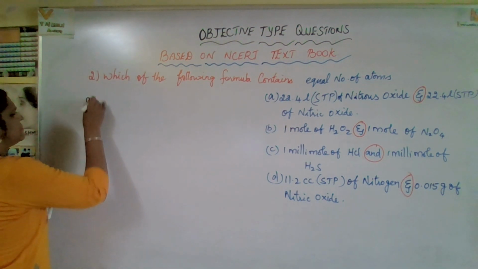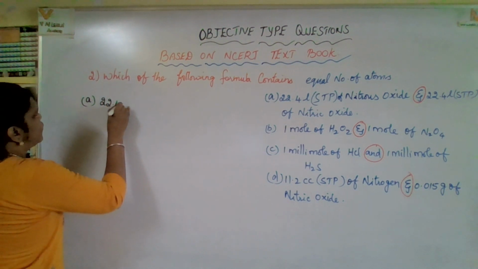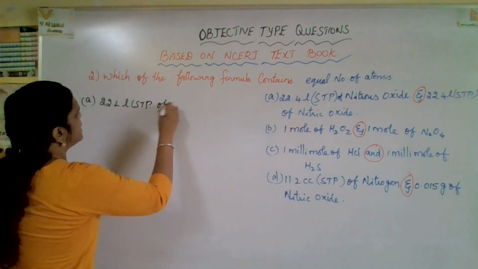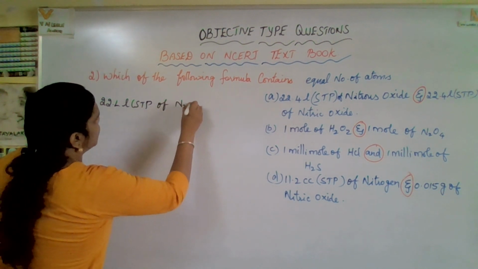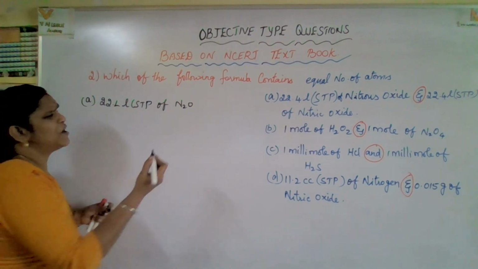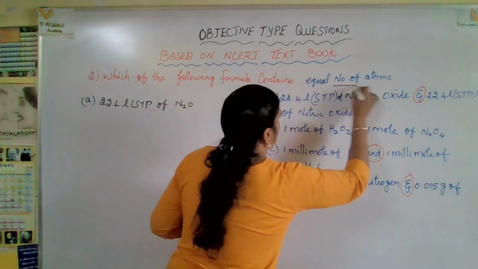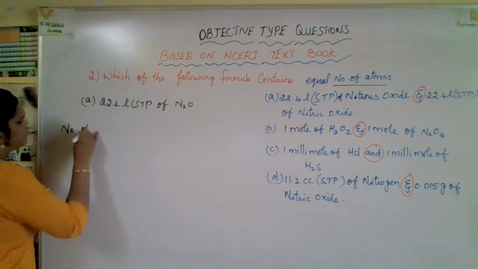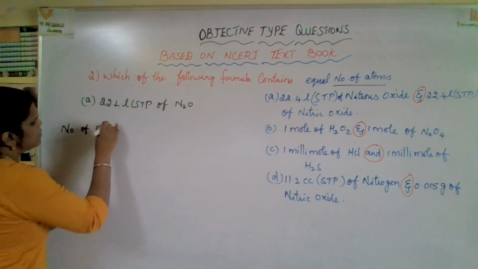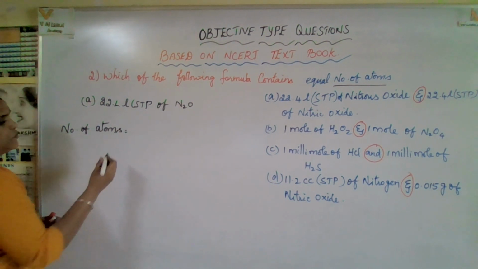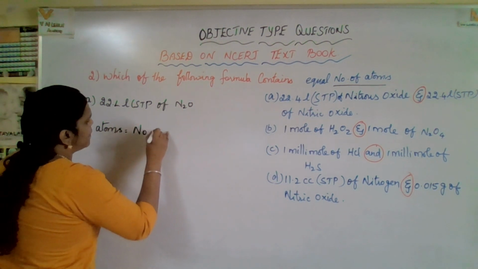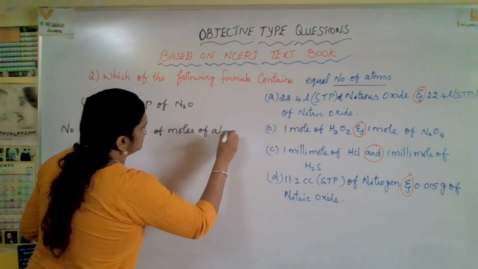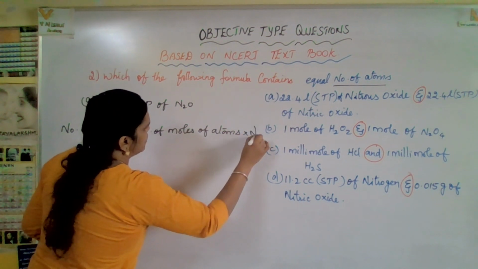22.4 liter. Number of atoms. What formula can we use? Number of moles of atoms into Avogadro number.